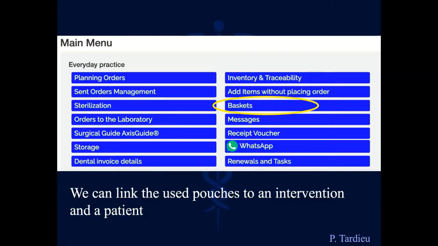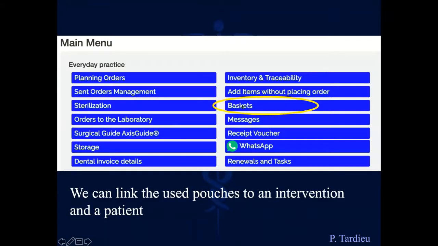So if you see a patient, you make an examination, and you use just one pouch, you are not going to link with sterile instruments. It's not needed. But when you are doing an implant surgery, you need to link because you are going into the tissue, okay?